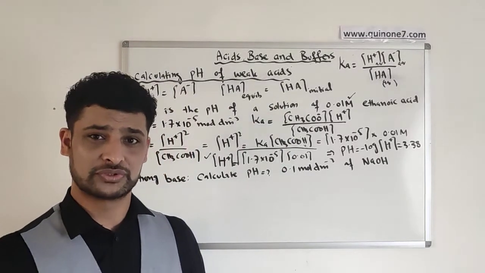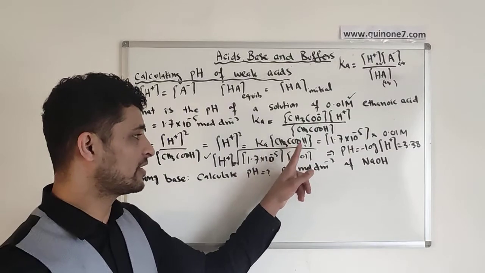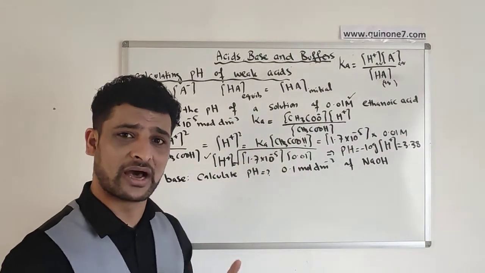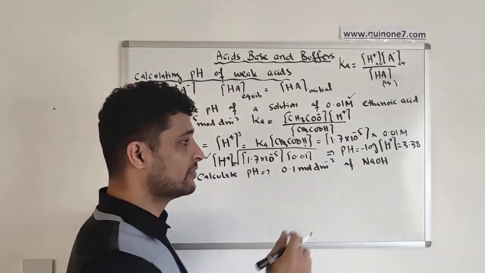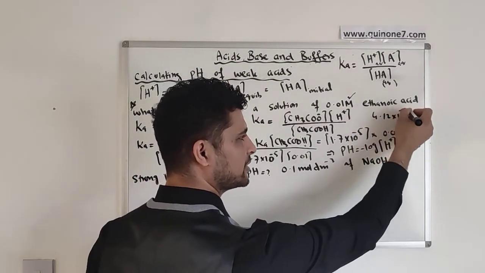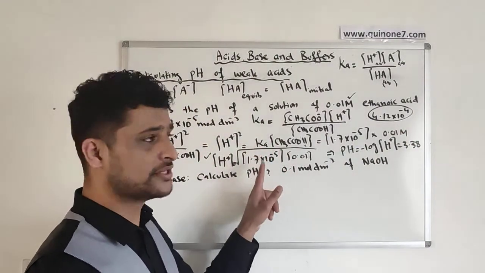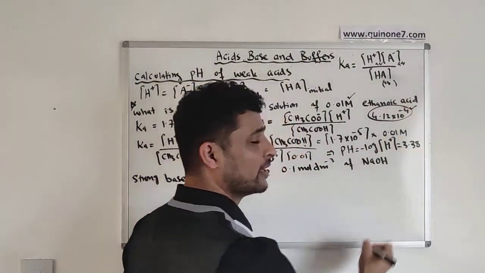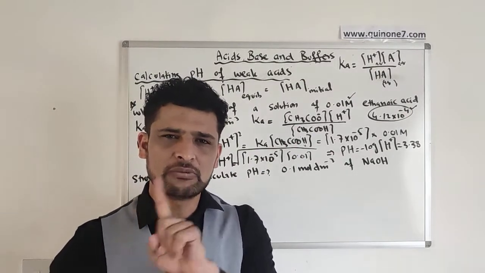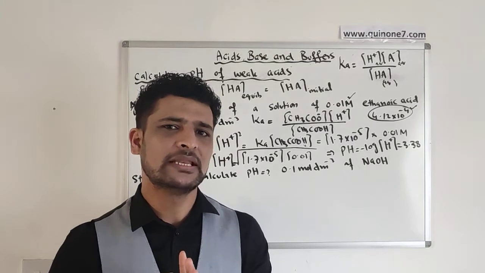A shortcut to check whether your answer is correct: whatever value you get for the H positive ion, it will be something like 4.12 times 10 to the power minus 4. I think something like that you're going to get from this equation. Now with the minus 4, your pH should be equal to or less than 4. It should not be less than 3.